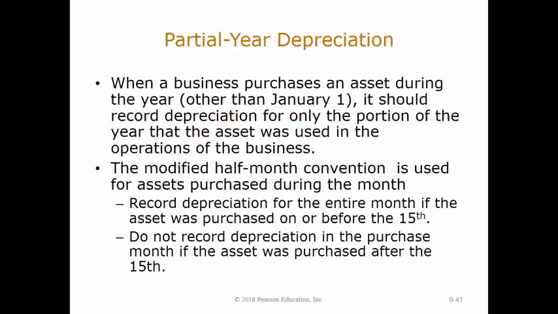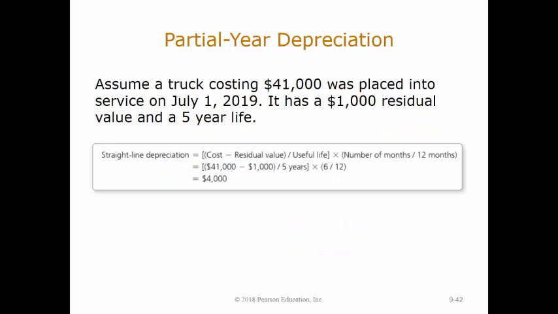Partial year depreciation also applies to disposal of assets, which we will cover later in this chapter. If an asset is disposed of during the year, the business must calculate depreciation for only the time period the asset was in service before the asset was disposed, not the entire year. Returning to our example, assume that the truck was placed into service on July 1st, 2019.